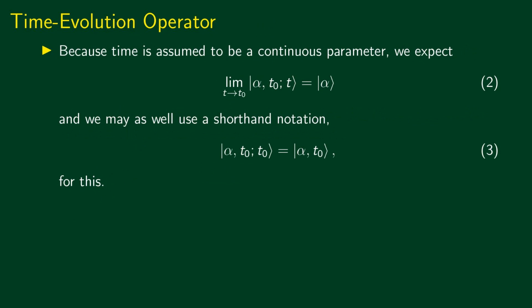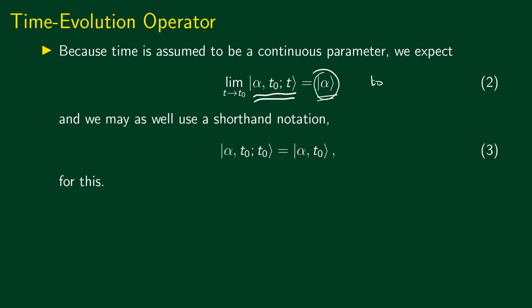Now we know that time is a continuous parameter. We shall assume that it is a continuous parameter also in quantum mechanics, which means that we can take arbitrarily small values of t. We can take the limit t tends to t0. In the limit where t tends to t0, we should get back the same state ket alpha, because ket alpha was the state of the system at time t0.